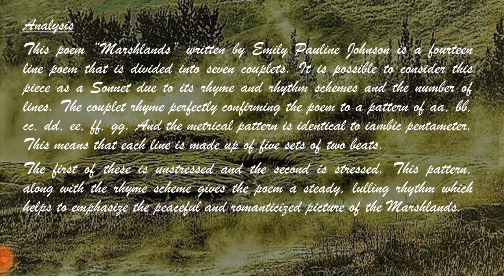The couplet means the 2 lines of equal length rhyming with each other. So this is called couplet. The couplet rhyme perfectly conforming the poem to a pattern of AA, BB, CC, DD, EE, FF and GG.